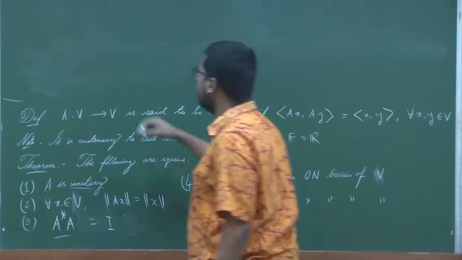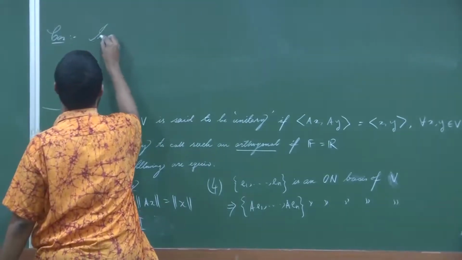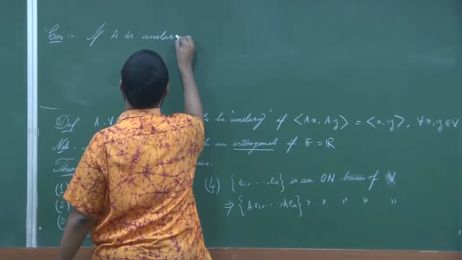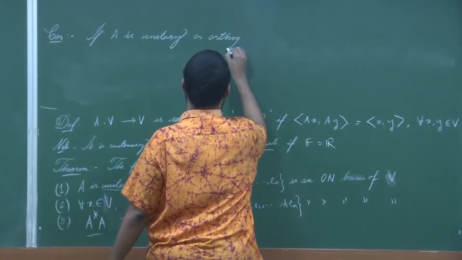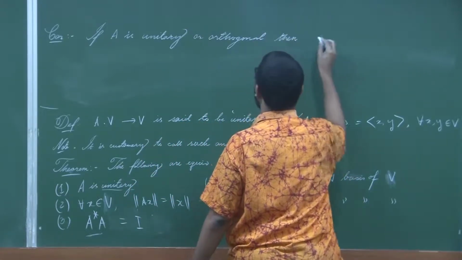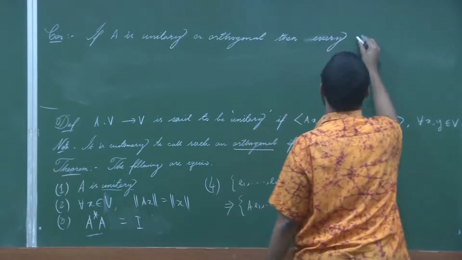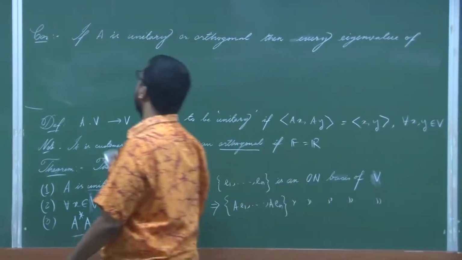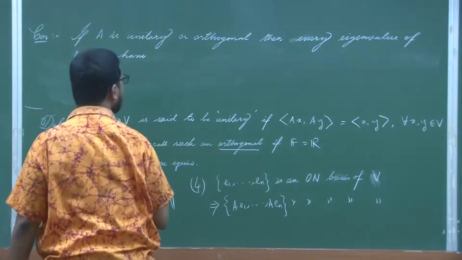As a mere consequence of this, I should write as a corollary that if A is unitary or orthogonal, I do not care, then every eigenvalue of A must have unit modulus.